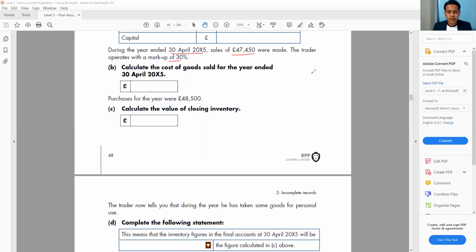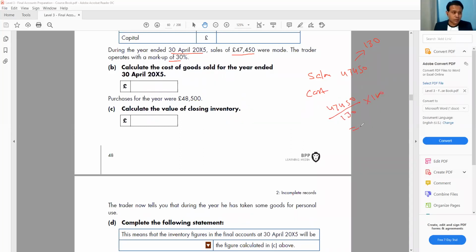So when I have sales 47,450, that means here I have 130%, isn't it? So I have to find the cost. How much is the cost? It is 100%. So we know how to get it, isn't it? 47,450 divide by 130 times 100. This will give me the cost.